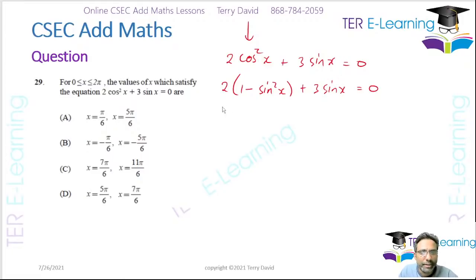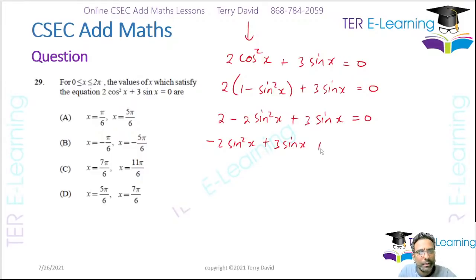Then we expand this, you're going to get 2 minus 2 sine squared x plus 3 sine x equal to 0. Let's write this as minus 2 sine squared x plus 3 sine x plus 2 is equal to 0.